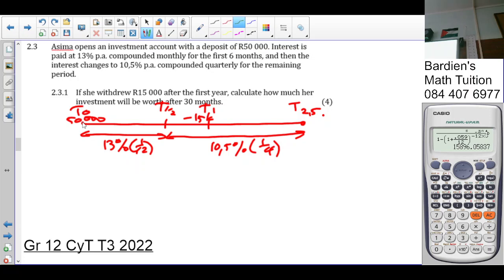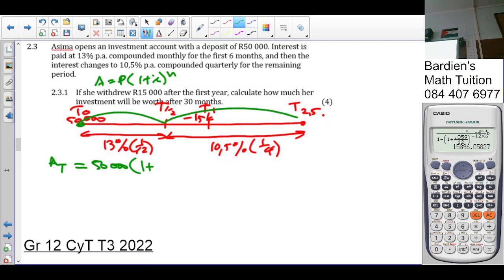Okay, let's look at what the investment is worth. We're going to use the compound formula: A is equal to P into (1 plus i) to the exponent. So we consider the 50,000. It's 50,000 rand into (1 plus 0.13 over 12) to the exponent 12 times, how many years is this for?